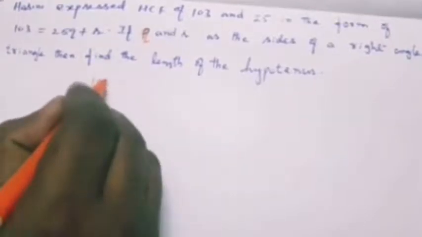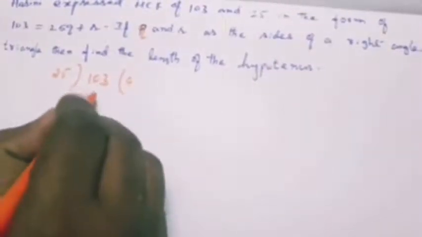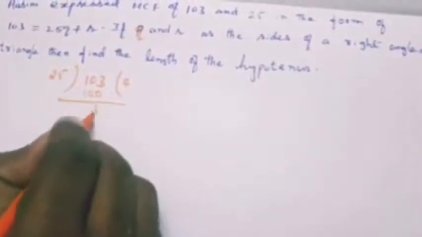So look at here. 103 is the larger number, divided by 25. 25 fours are 100, remainder is 3.